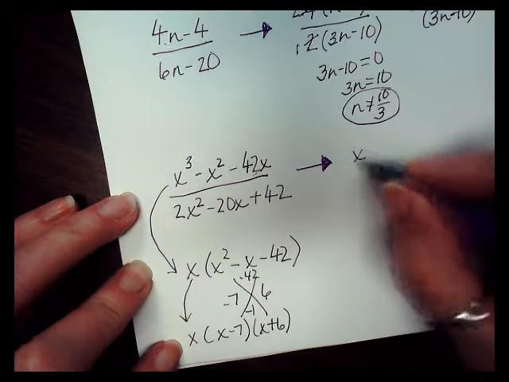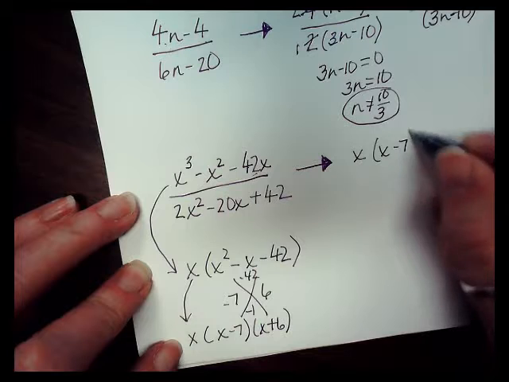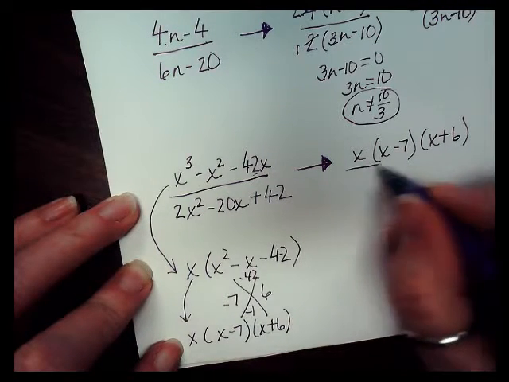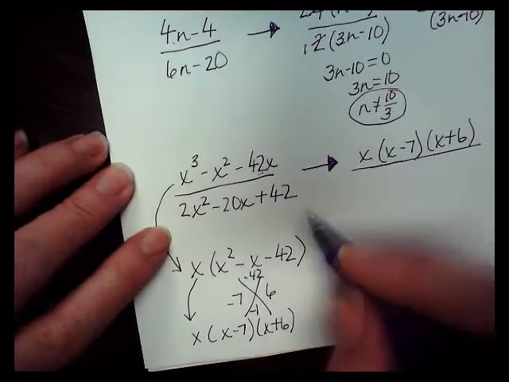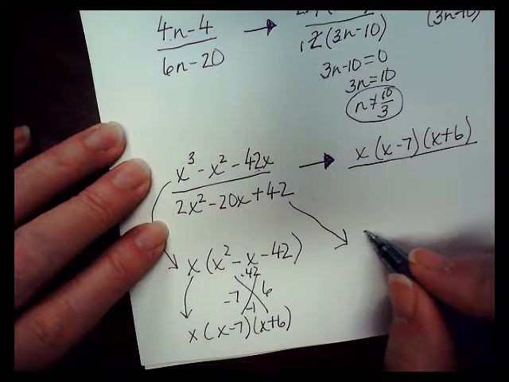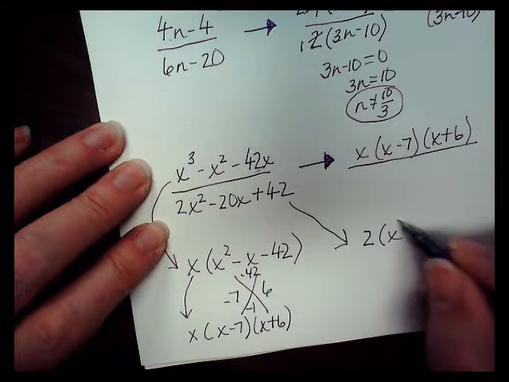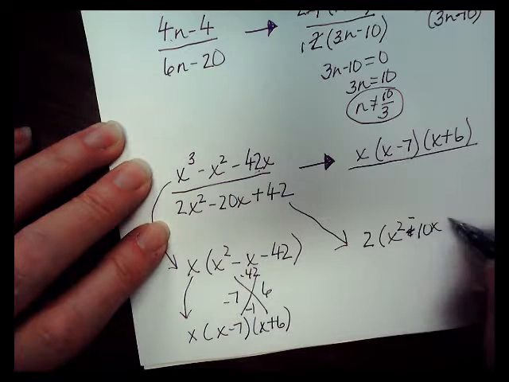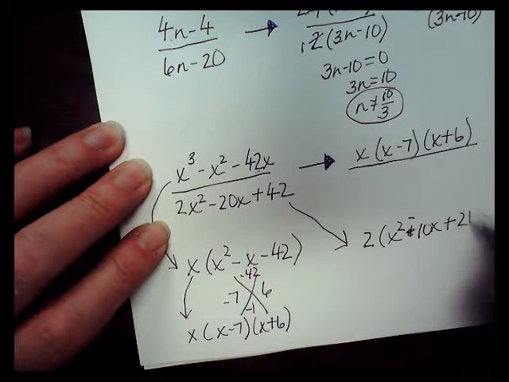So I'm going to write it down up here then. So it's x minus 7, x plus 6, and again, we have to practice these in order to get good at them. This one, I'm going to move it right here so you can see what I'm doing. There's a 2 that goes into them. So if I divide them by 2, it's x squared minus 10x plus 21.